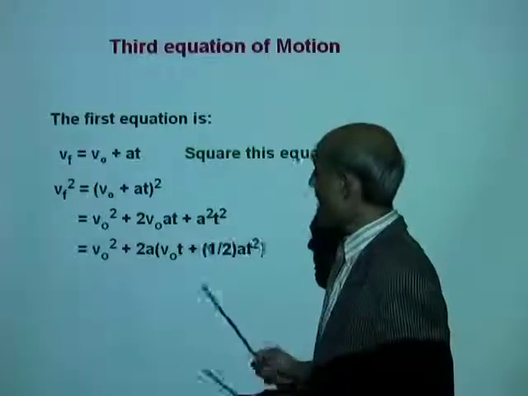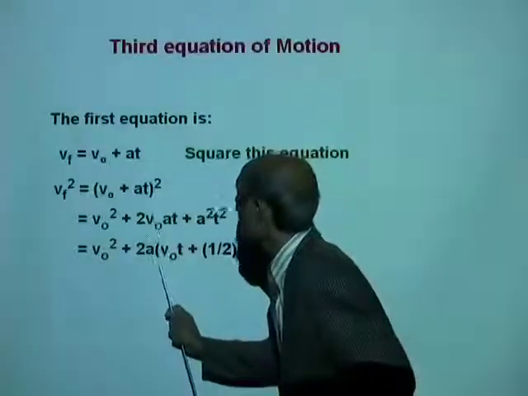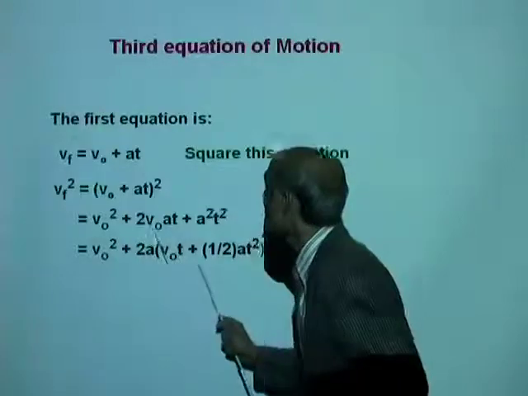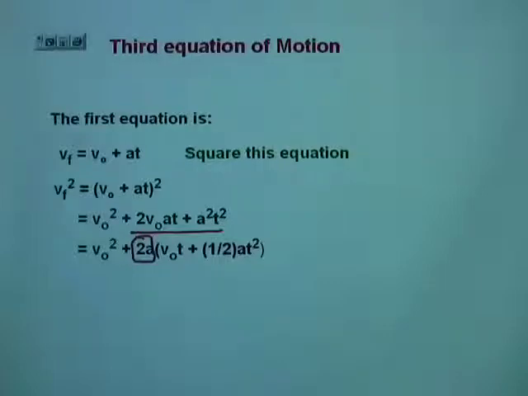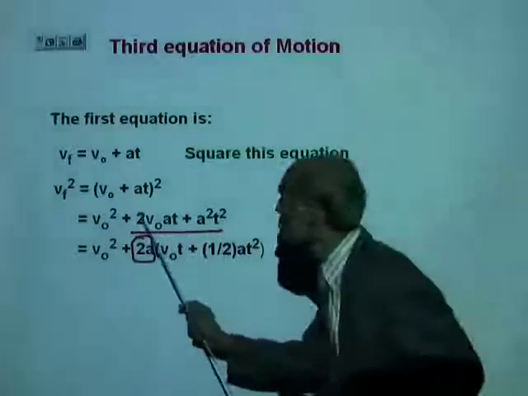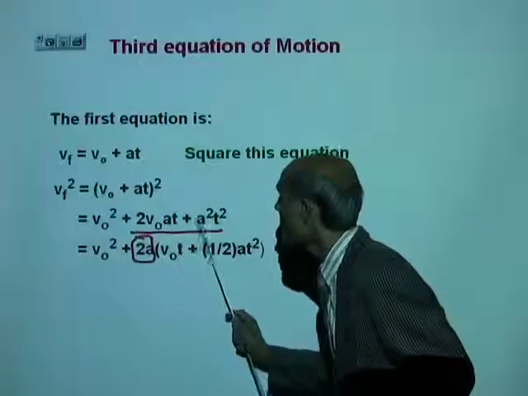Okay, now I'm going to factor out a 2a from these two terms. I think that will be a little difficult for you. Is that right? I don't know. I'm going to take these two terms and factor out a 2a. Now, you notice that there is a 2a here.